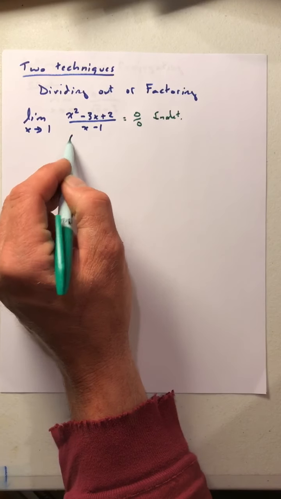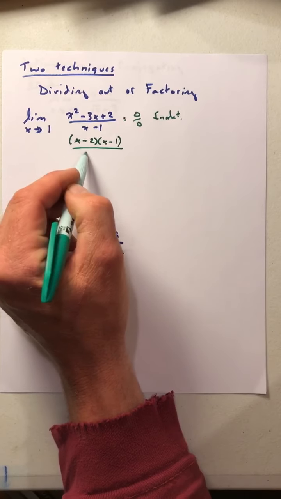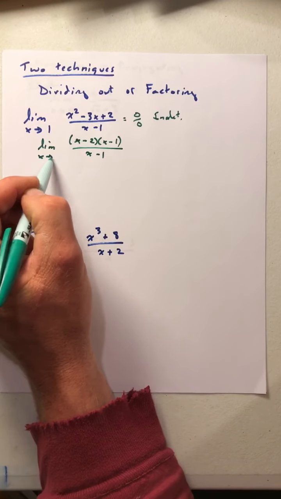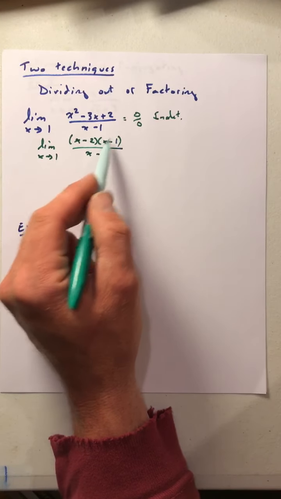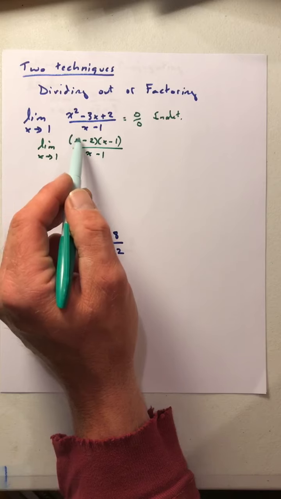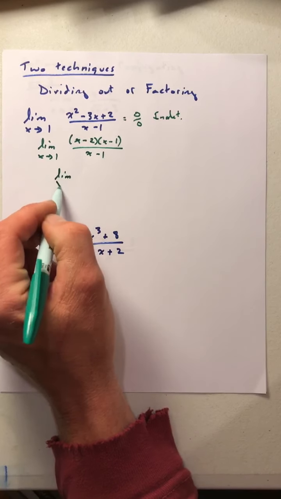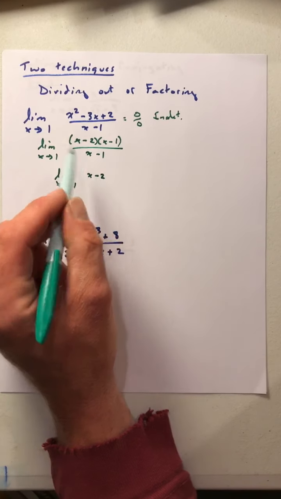If I factor, I end up with x minus 2 times x minus 1 over x minus 1. So we have the limit as x approaches 1 of that function. Notice we can cancel out that x minus 1, and we get the function x minus 2. So we're looking at the limit as x approaches 1 of x minus 2.